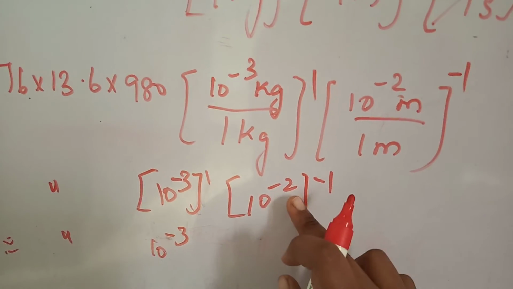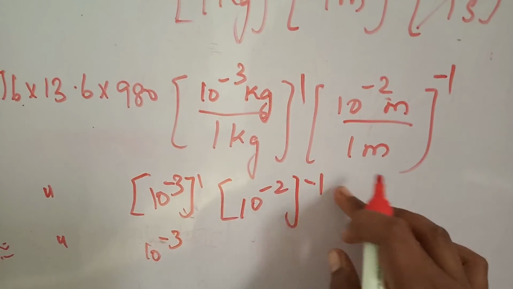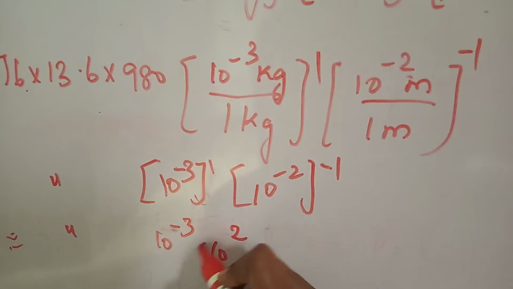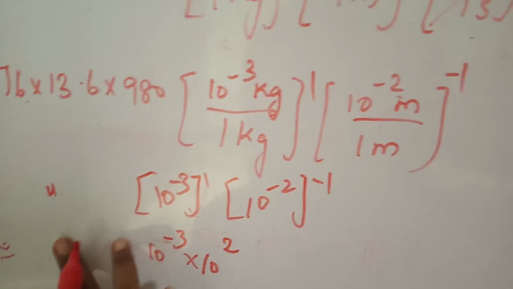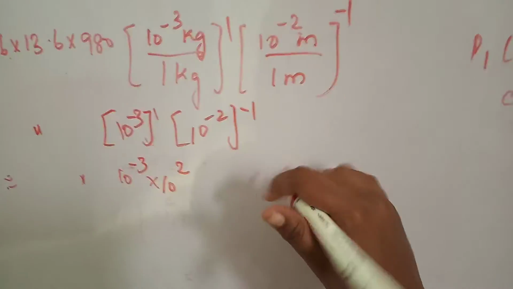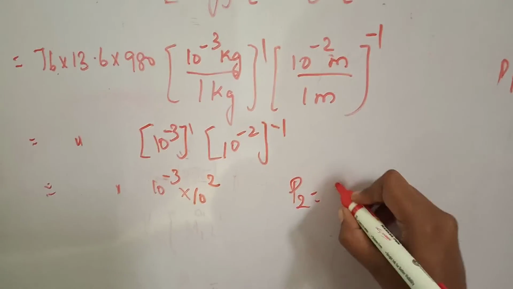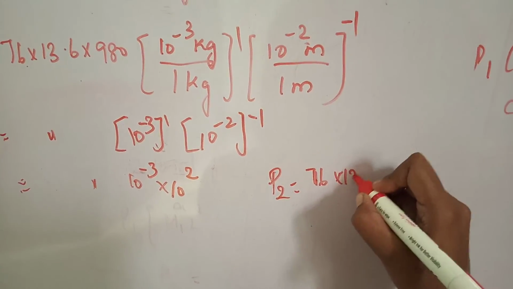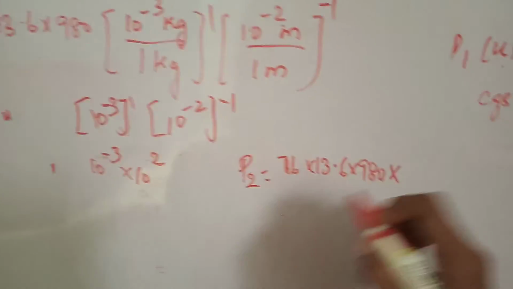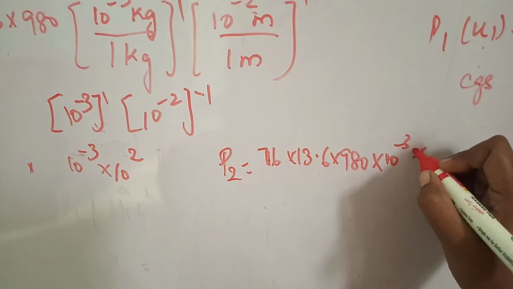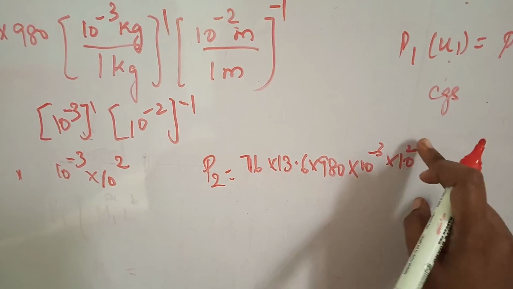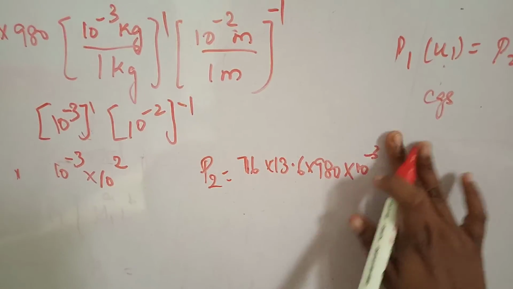Here 10 to the power minus 2 whole power minus 1 becomes 10 to the power plus 2. So the P2 value is the number as it is, 76 into 13.6 into 980, into 10 to the power minus 3 into 10 to the power 2. When you add up the powers, 10 to the power minus 3 into 10 to the power 2 is 10 to the power minus 1.